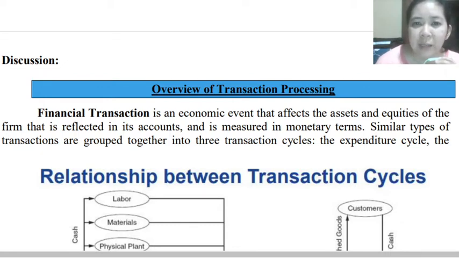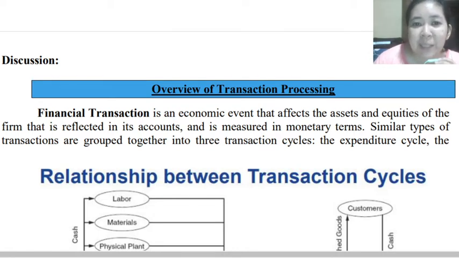This grouping was created because there are financial transactions that affect other accounts, or other elements of our financial statements. That's why they are grouped together. Or in other words, there are transactions that affect one or more accounts, so they are grouped together because they belong to one transaction.